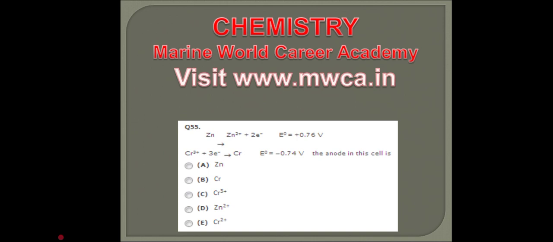Question number 55. Here the detailed equation is given. So the answer is given in the options. Option A is Zn. Option B is chromium or Cr.